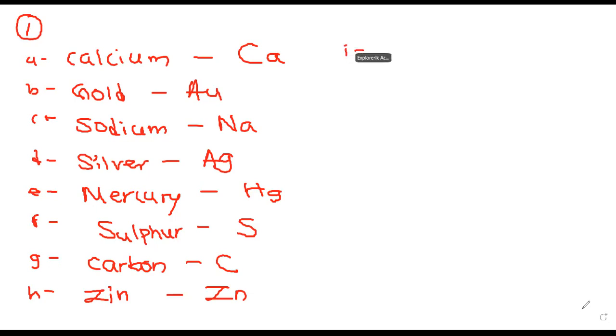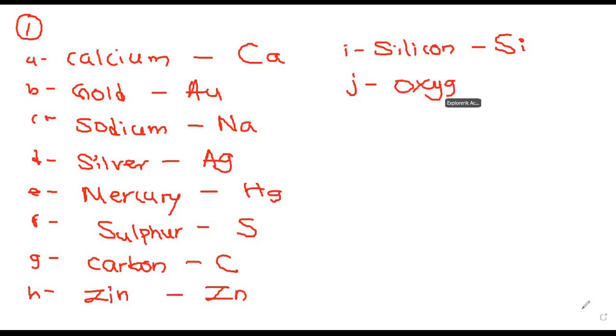Next one is silicon. Silicon, capital S, simple i. Then oxygen. Oxygen's chemical symbol is O, right? So this is how you indicate the elements with their chemical symbols.